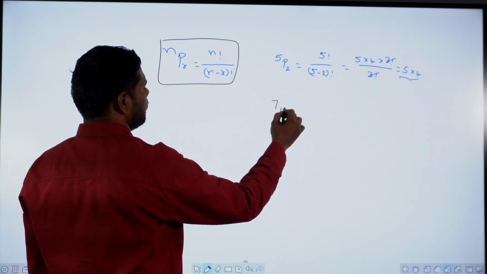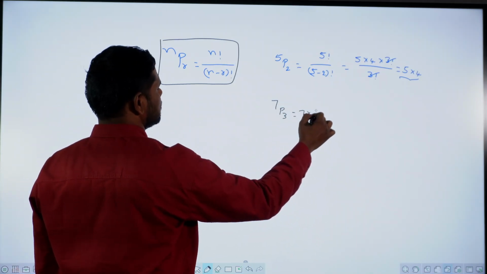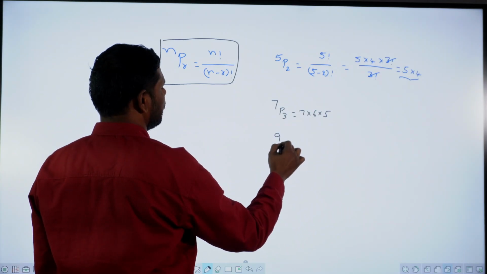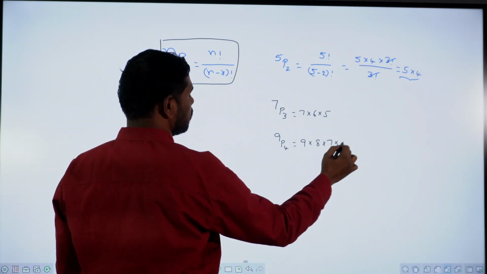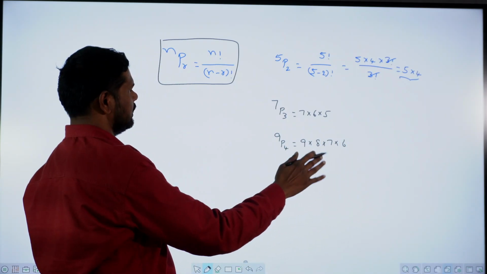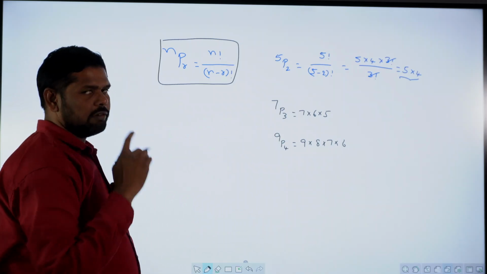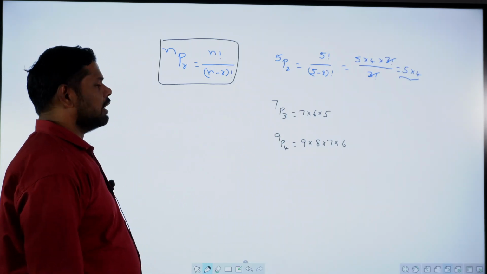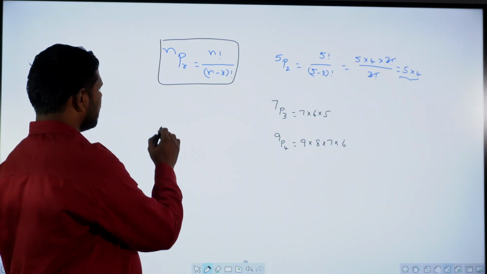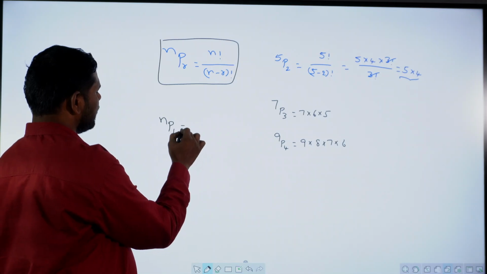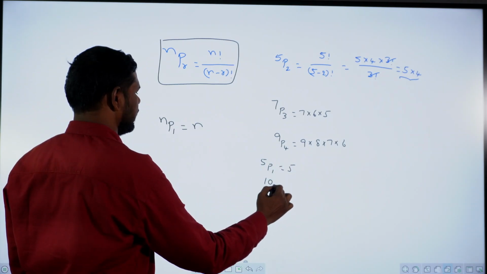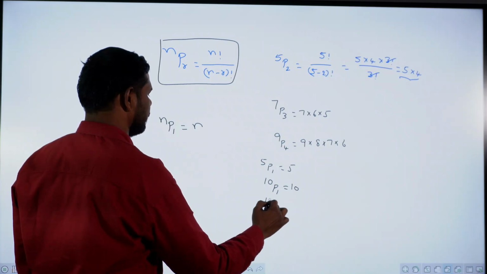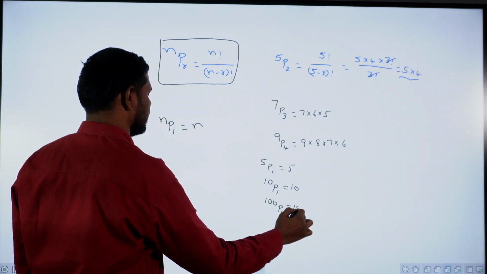So 7P3 is how much? 7 into 6 into 5. 9P4 is how much? 9 into 8 into 7 into 6, up to 4 terms only in the decreasing order, like that. So nPr is always equal to n factorial by n minus r factorial. Similarly, nP1 equals n, that means 5P1 is 5, 10P1 is 10, 100P1 is 100, like that.